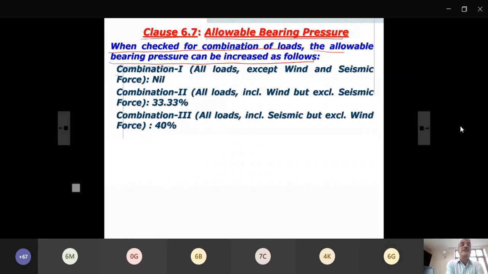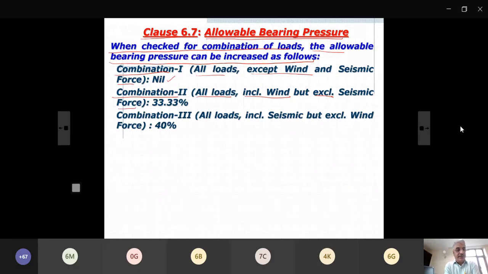Three combinations are given. Combination 1 is you consider all loads except wind and seismic load. In that case, you don't give any extra margin. Your allowable bearing pressure will be the allowable bearing pressure as calculated. Combination 2 is all loads including wind but excluding seismic forces.